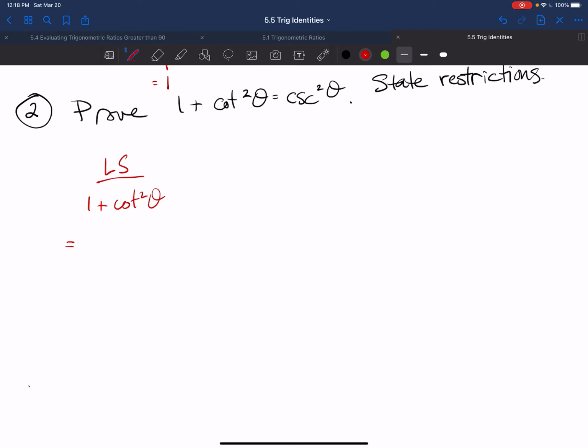So one of the strategies with identities is if you have anything that's not sine or cos, you use your identities to change it to sine or cos. So for instance, cotangent is the same thing as 1 over tan.